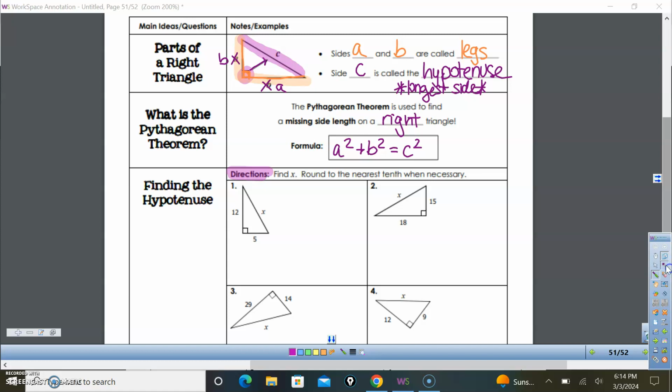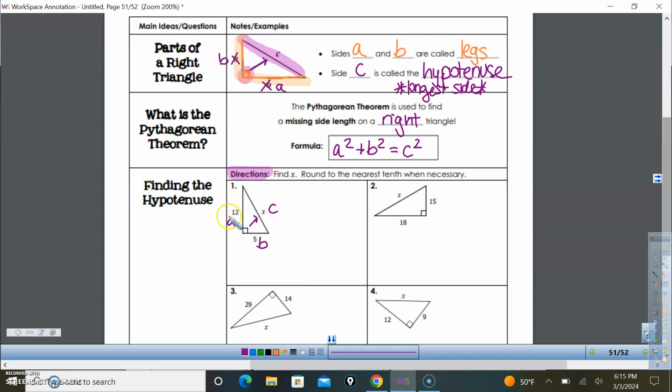So your hypotenuse, like we talked about earlier, is always the side opposite of that right angle. So I can see right here that this variable x, that is my c value, that is my hypotenuse. So I'm going to go ahead, I'm going to write the letter c next to it. And because that is my hypotenuse, I can assume that the other two sides are my legs, A and B. And again, it doesn't matter which is A and which is B.